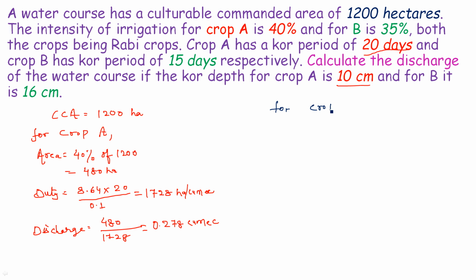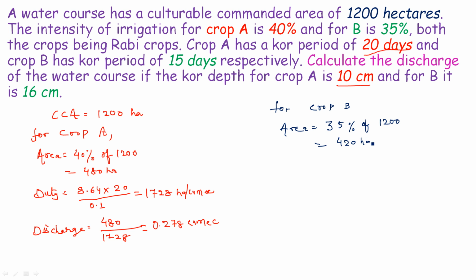For crop B, the area is how much? The intensity of irrigation for crop B is 35%. So 35% of CCA, and CCA is given as 1200 hectares. So it will be 35 into 1200, which comes as 420 hectares.